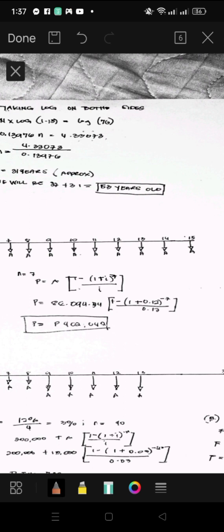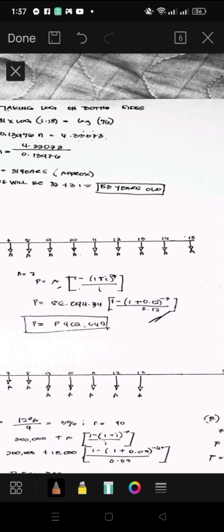So P is equal to A times the quantity of 1 minus 1 plus i raised to negative 7, over i. So let's simplify the solution. 88,094.54 times the quantity of 1 minus 1 plus 0.12 raised to the power of negative 7, over 0.12.